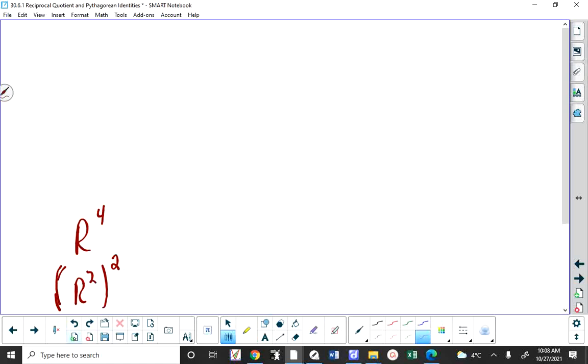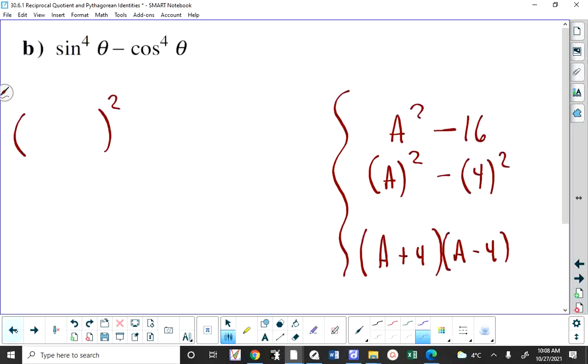It's a power of a power, so if you're just a rule-oriented student, then 2 times 2 is what you do and you get 4. Or you could say, well, r to the 4 is r times r times r times r, so it's r squared times r squared, but it's r to the 4. And what that means in this case is that sine to the 4 of theta, which really maybe I should write another line here. Sine to the 4 of theta means this.